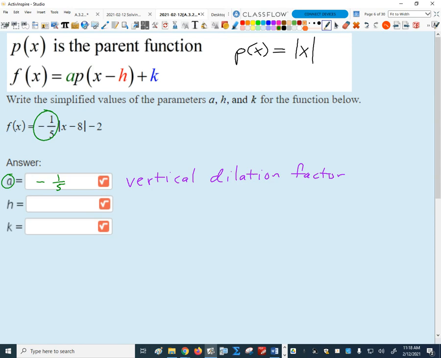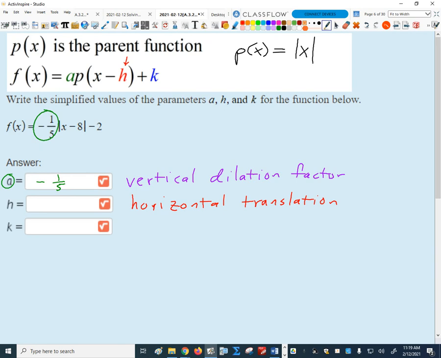What about H? H is the horizontal translation, right? So there's H. It's the number that's being subtracted from X. What's the value of H in f of X? Type it in chat for me. Okay, I'm getting lots of similar answers.